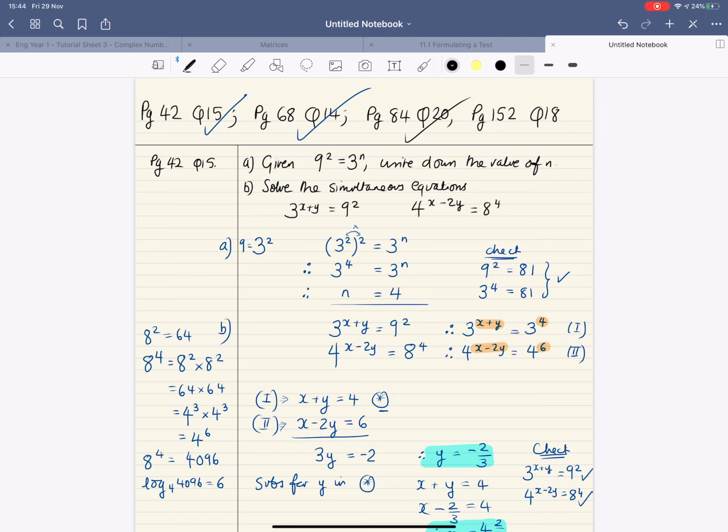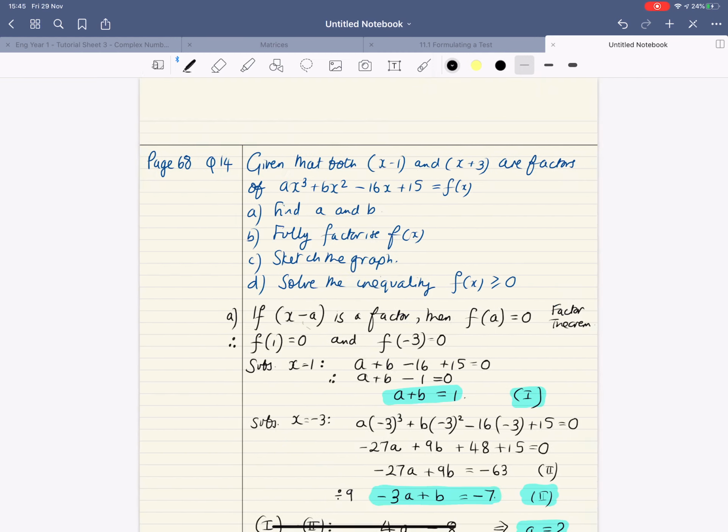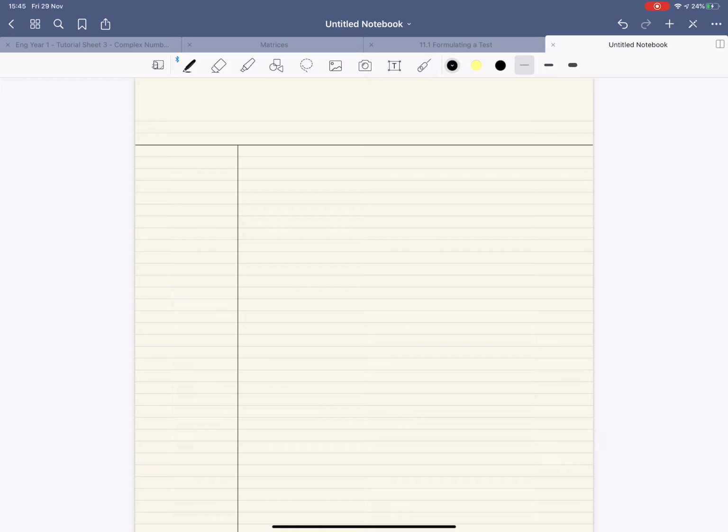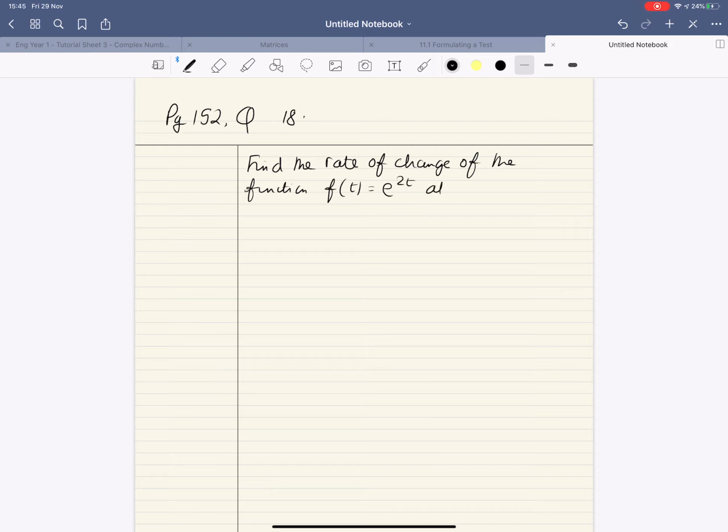Page 152, question 18. Nice and quick one, this one is, so I can do it in 5 minutes. It says, find the rate of change of the function f of t equals e to the 2t at time t is 1.5.